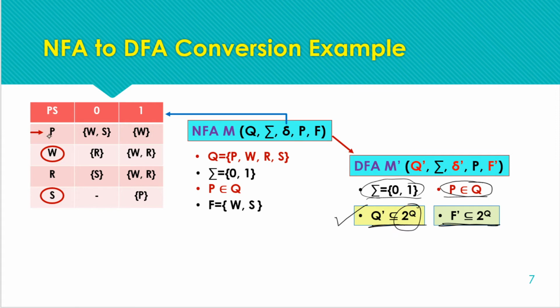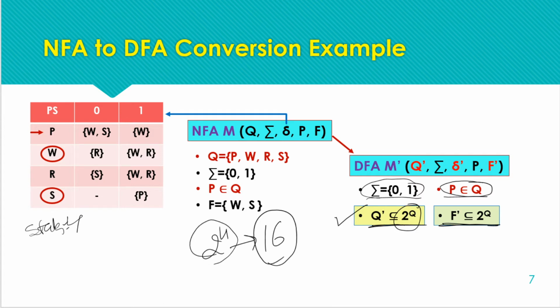For example, here we have 4 states in the NFA. So the total number of states for this NFA is 4. So the equivalent DFA can have 2 raised to power 4, or 16, possible states. So the equivalent DFA can consist of a maximum of 16 possible states.